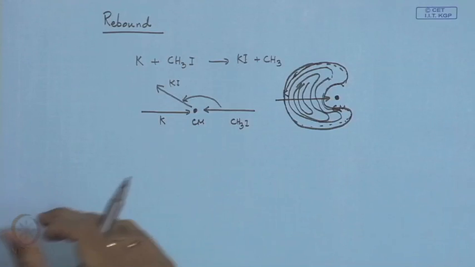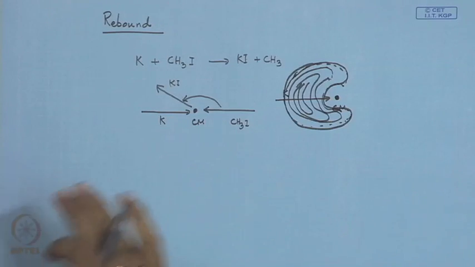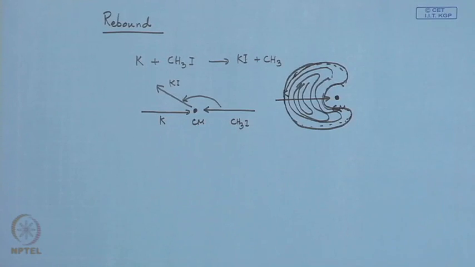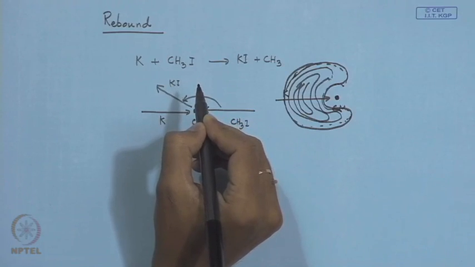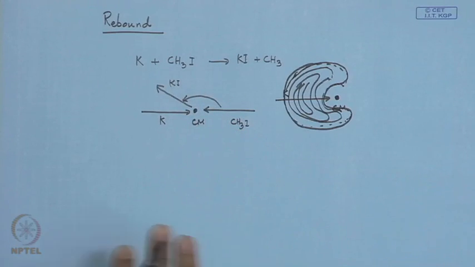I mean EA of CH3I is negative, in contrast to your electron transfer harpooning. So this rebound case is also a harpoon reaction.